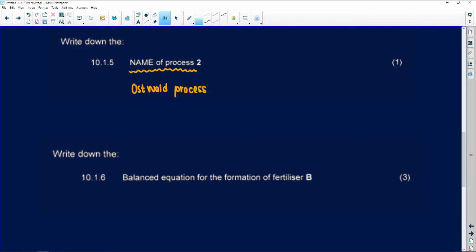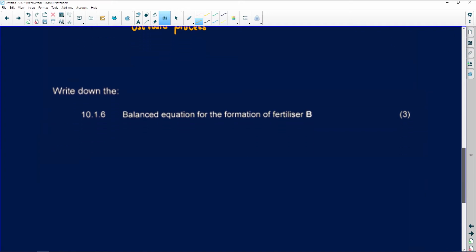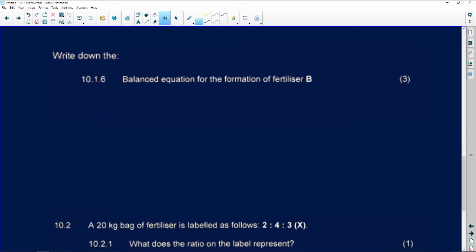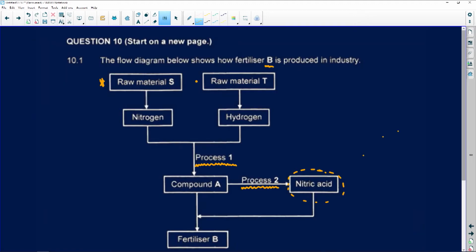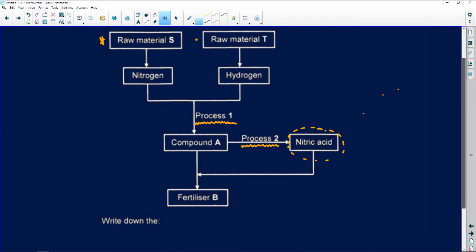Let's look at 10.1.6. It says I must write a balanced equation for the formation of fertilizer number B. A balanced equation for the formation of fertilizer number B. Let's go back here. So I can see that B occurs here.